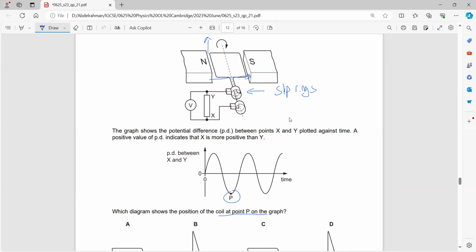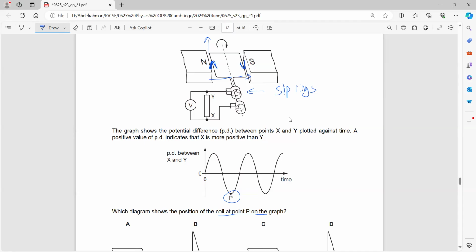The first finger, the index, is facing to the right, and therefore the second finger, the middle finger, would be directed into the paper. So the current on the left-hand side of this coil is into the page, and the current on the right-hand side of this coil is out of the page.